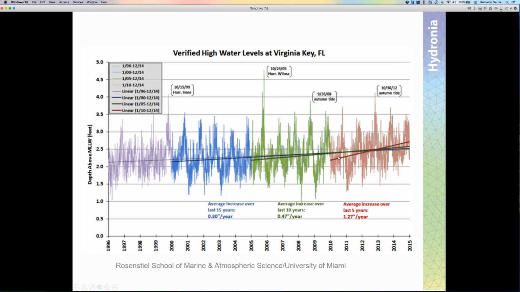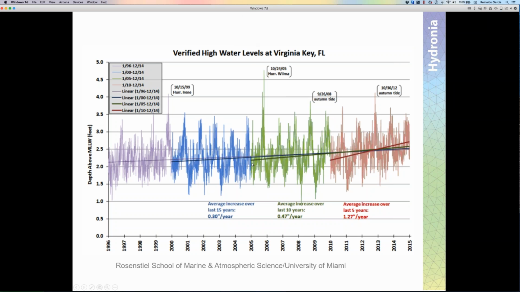So in the last maybe 5 years or so, there has been some acceleration in this rate of increase that is exacerbating the problem in some areas.